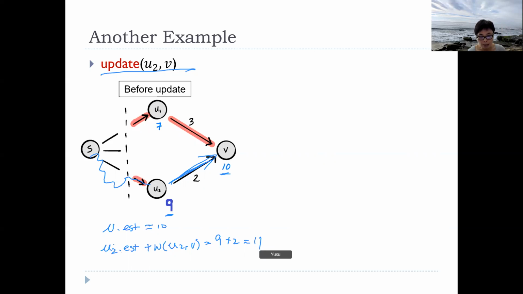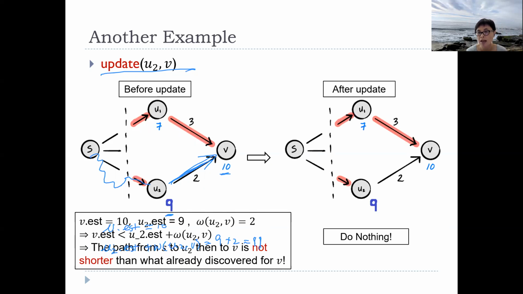So what does this mean? It means that you did find another way to reach V through U2, but this way is no better than what I already discovered. So you do nothing. You can just keep everything the same, do nothing as before.